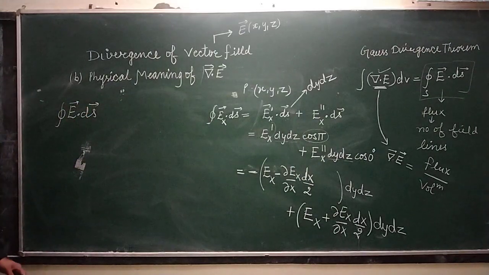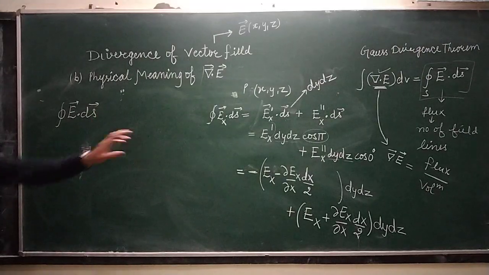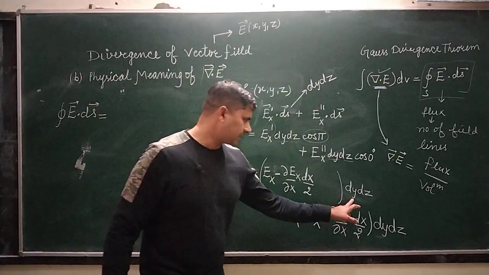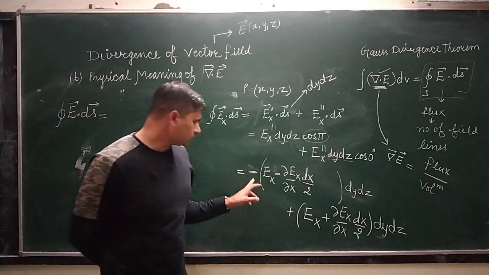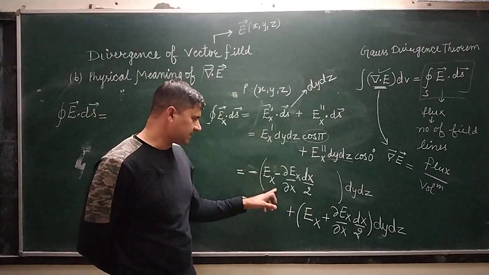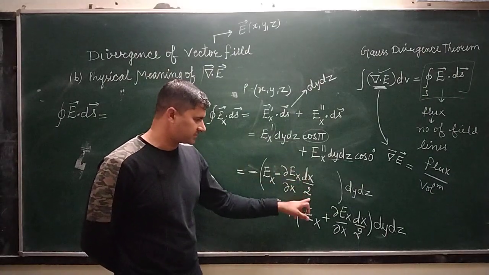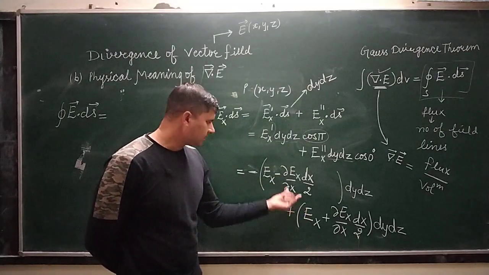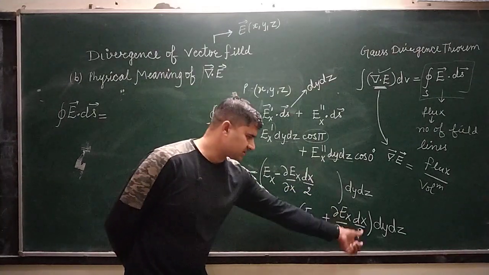the flux through the closed surface of the cuboid due to the x component, that will be equal to, you see here you can take dy dz common, and if you insert negative sign within the bracket, then you will get minus Ex and minus plus curly Ex by curly x dx by 2. So you see here Ex will cancel out and these two factors will add up, and this is dx by 2, this is dx by 2.